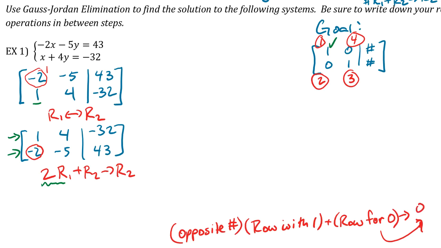Alright, so opposite number, row where you have your 1, plus where you want the 0 replaces where you want the 0.